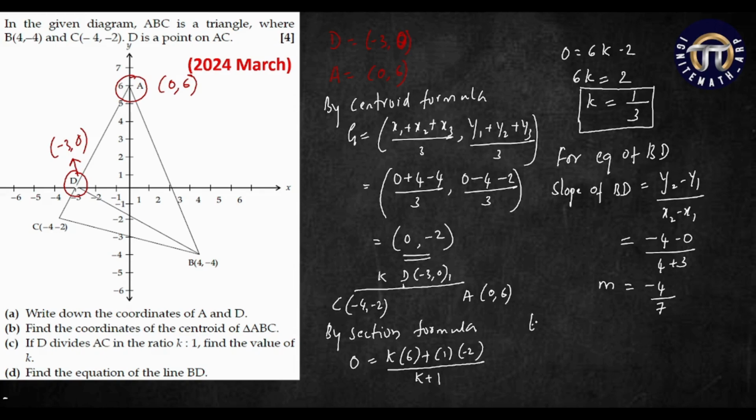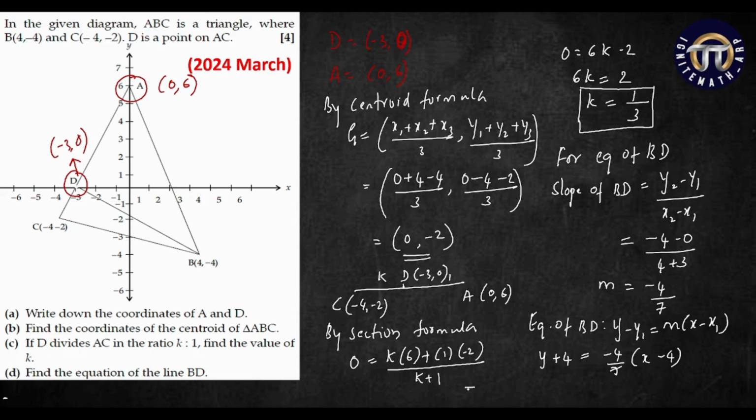Now the equation of BD by point slope form, I can give y minus y1 is equal to m of x minus x1. So y minus of minus 4 plus 4 is equal to, I am considering the point B, m is what? Minus 4 by 7 x minus 4.